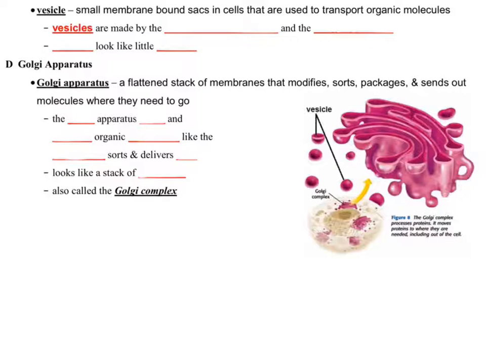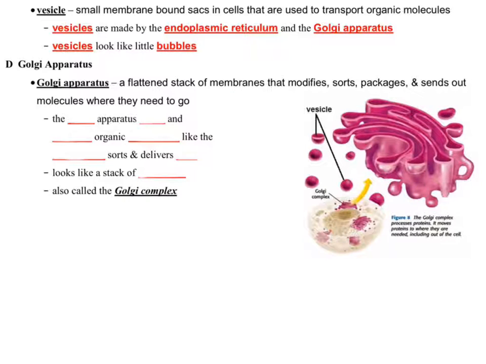Now, vesicles are made by the endoplasmic reticulum. They actually are formed as little pieces of the endoplasmic reticulum pinch off and surround an organic molecule, and also ultimately the Golgi apparatus makes some vesicles as well, as we'll see. And vesicles look like little bubbles in the cell, as you can see over here in the lower right.